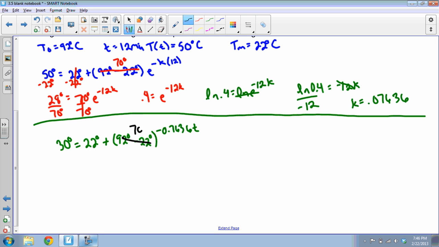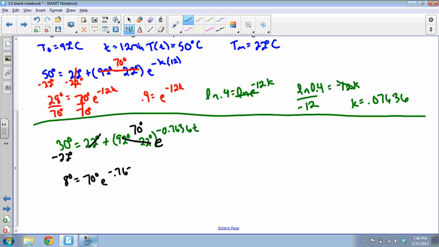Again, this is 70. We'd subtract 22 over here and get 8 degrees equals 70 degrees times e. I didn't put the e there. There's an e there. Don't forget the e. The e is very important.